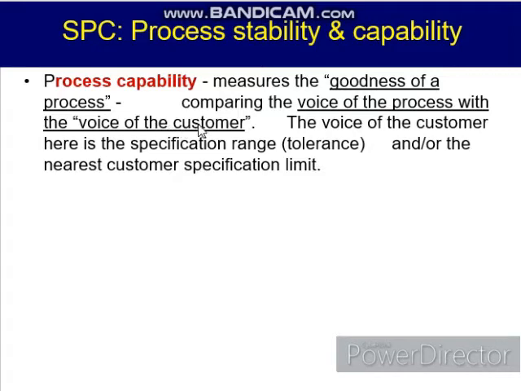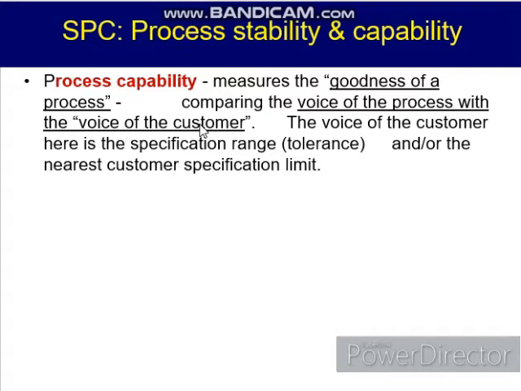The voice of the customer is based on the specification limits or specification range specified by the customer. For example, on the length of the pencil just now, the customer might have a specification that the length of the pencil must be 10 centimeters plus or minus 0.1 centimeter. That would be the voice of the customer.